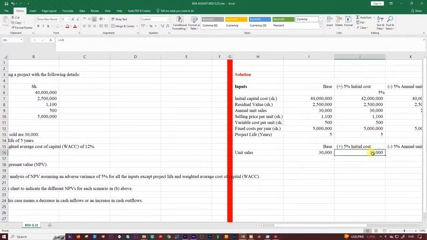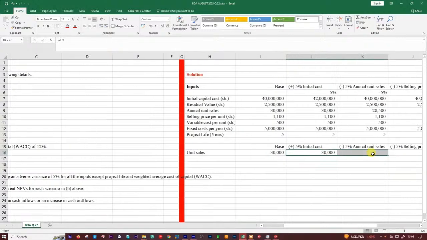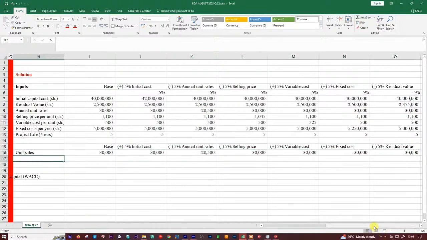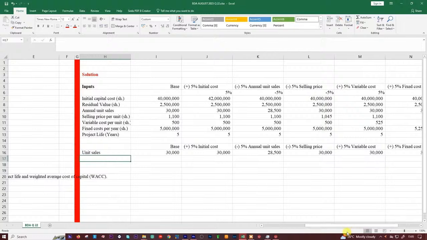So then the annual unit sold, we just autofill, Control R, with the exception of this one, where the annual unit sales changes over here. Remember how we did it over here? That is what actually changes there. The next component is the selling price. Selling price. So we move like so. Selling price.